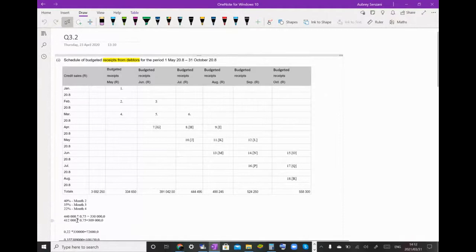We had 440. If you look over here, I've just written that down. Then we can insert the amount we have there, the 330.